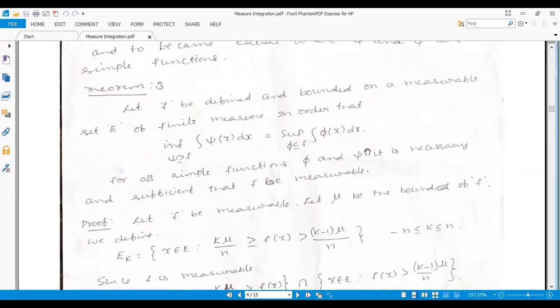Now we will move on to one more theorem related to simple functions. Let f be defined and bounded on a measurable set E of finite measure.